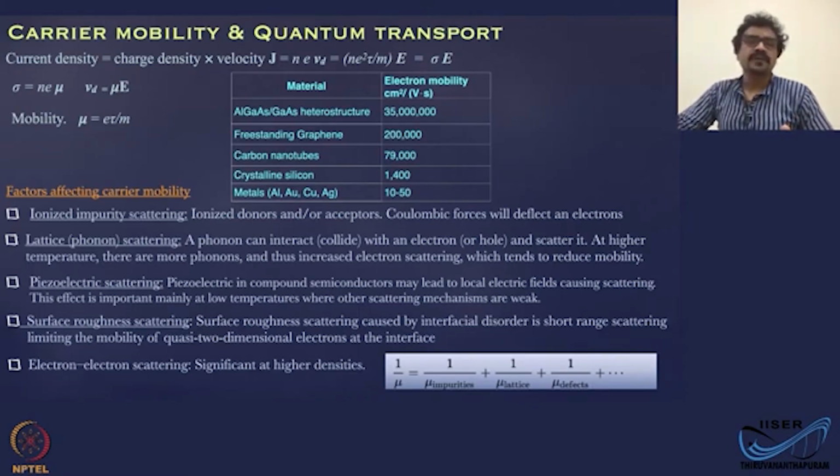So, we know from the basic transport equation, that is the Ohm's law, that the current density is given by this relation, where sigma, that is ne square tau by m, is the conductivity, and E is the electric field, and J is the current density. So the sigma, the conductance, is given by Ne and mu, where mu is the mobility.